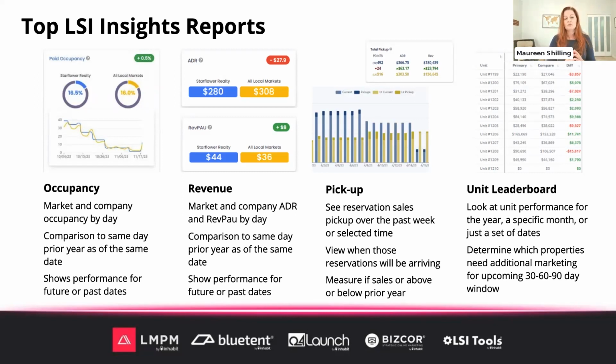Then we have your revenue report. Your revenue report is going to provide you with key performance indicators such as ADR. How is my average daily rate doing in comparison to the same time last year and also in comparison to the market? Now, it's very important when we talk about things such as ADR that we're also able to drill down into the type of inventory we want to see, because a 6-bedroom property, of course, has a much higher ADR than a 2-bedroom property.